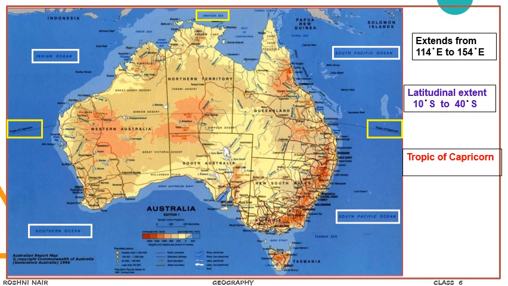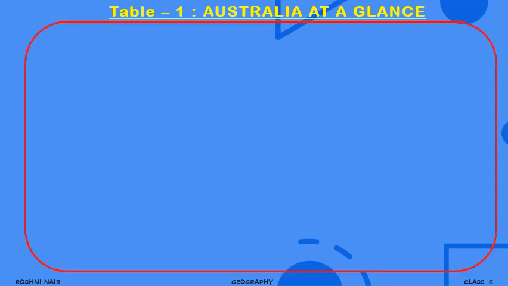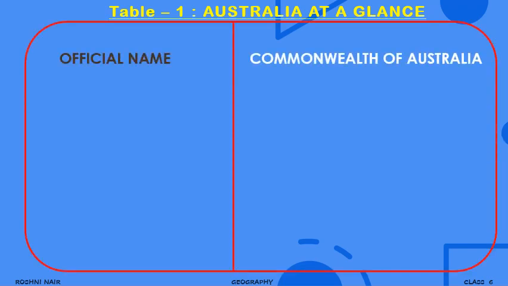Australia is divided into 8 administrative divisions called states. Let me show you. First let us refer to table 1 on page number 134, regarding the important points about Australia. The official name of Australia is Commonwealth of Australia.